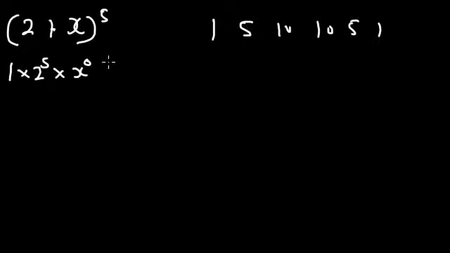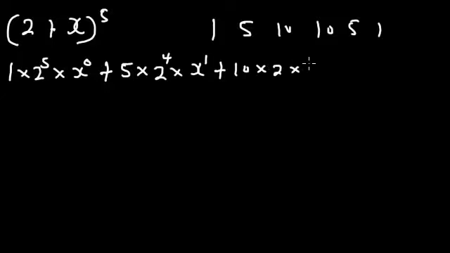Now each of these values will be associated with a positive sign. So the next one will be plus. Taking 5 now, we have 5 times the first one, 2, times the second one, x. And that's not all. You take the exponent again, but this has occurred already, so decrease by 1, that's 4. Now increase this one by 1, that's 1. Perfect. Again plus. The next one is 10 times 2 times x.